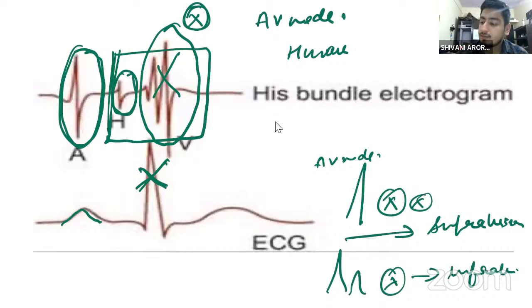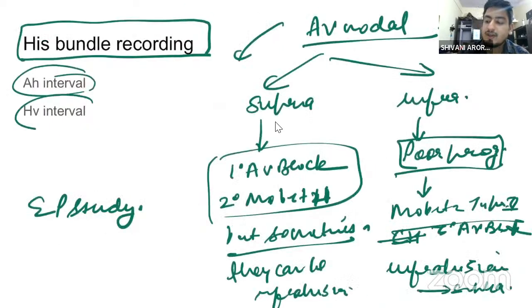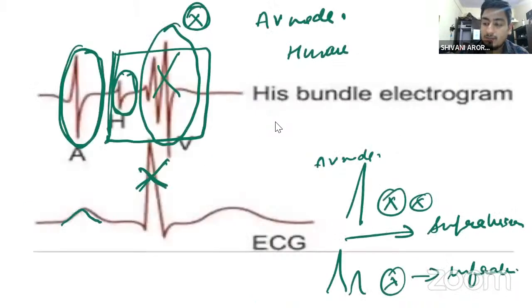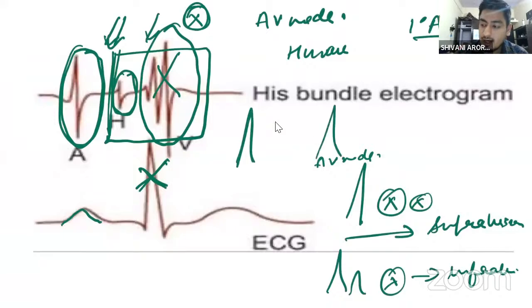Again, we have this AH interval and HV interval in His bundle electrogram. So suppose a patient is having first degree AV block. Clear? So every P wave is followed by a QRS complex, that is for sure. So the A complex would be there, H would be there, and V would be there. But there would be some delay.